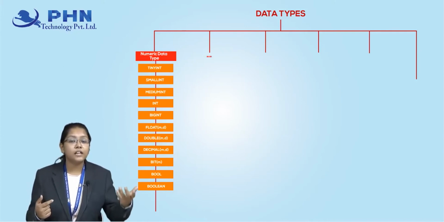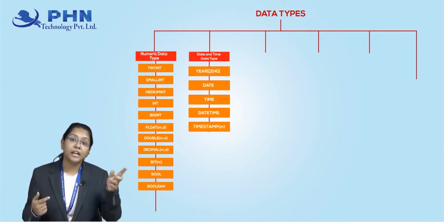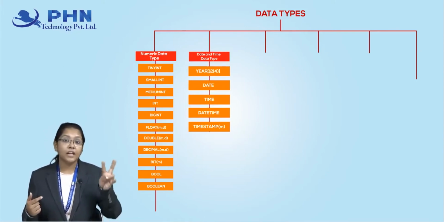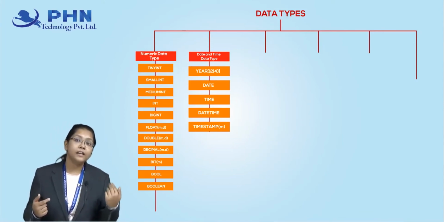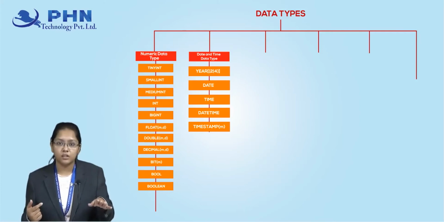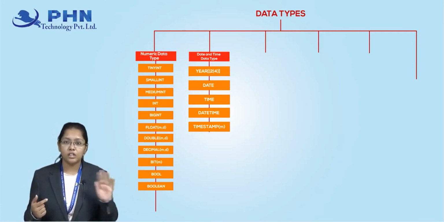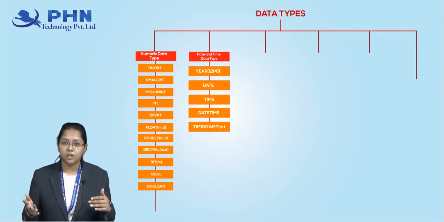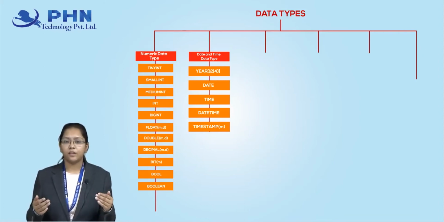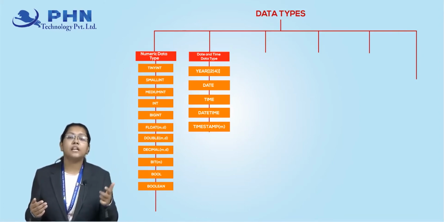So here data types like date, time, datetime, year. Datetime combined is one data type. Date and time separately are also other data types. We will see everything in our next lectures when we start with our databases, okay? Another is year. So these were your date and time data types, okay?